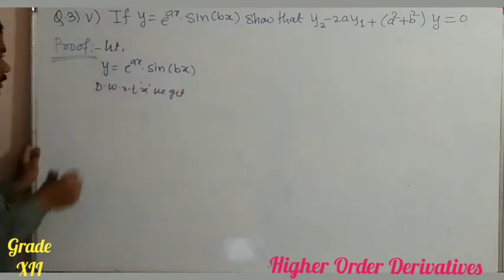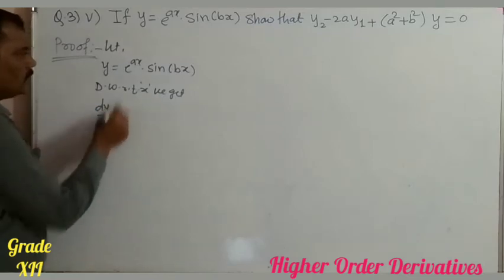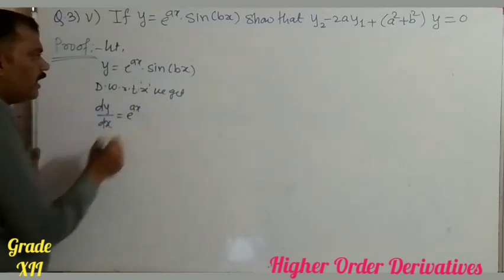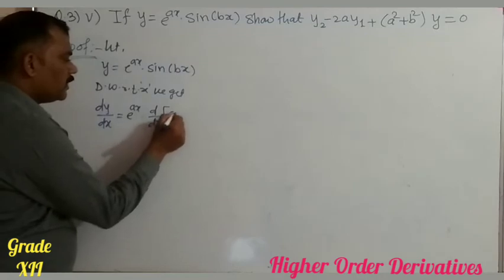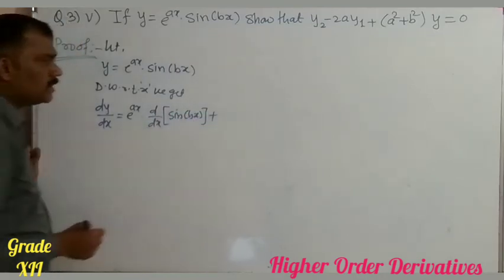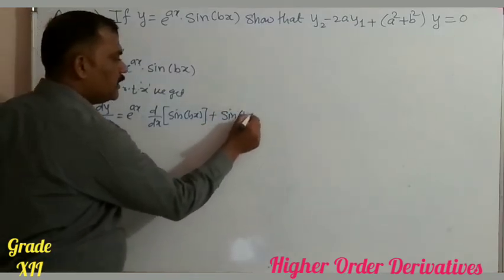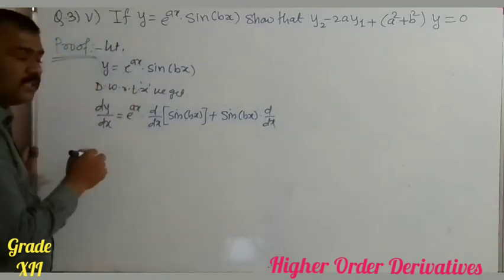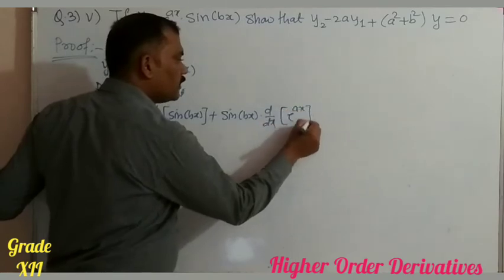Differentiation of y with respect to x is dy by dx is equal to, by using the product rule, first function as it is, e raised to ax, into d dx of second function, that is sine of bx, plus second function as it is, sine of bx, into d dx of first function, that is d dx of e raised to ax.